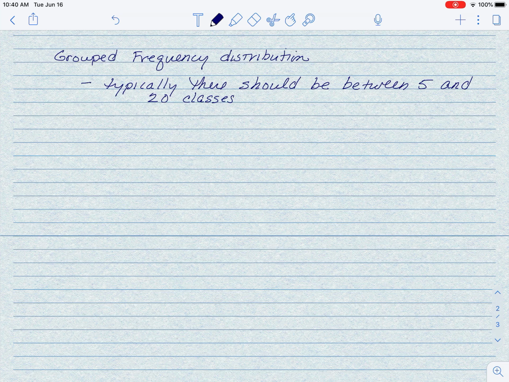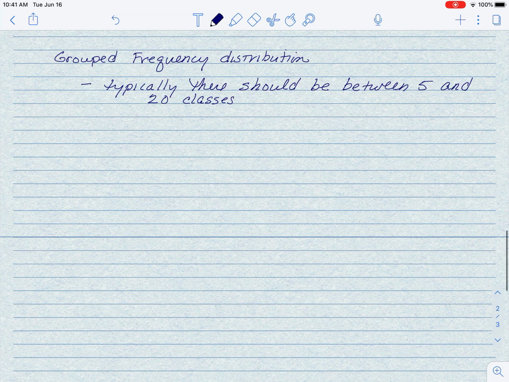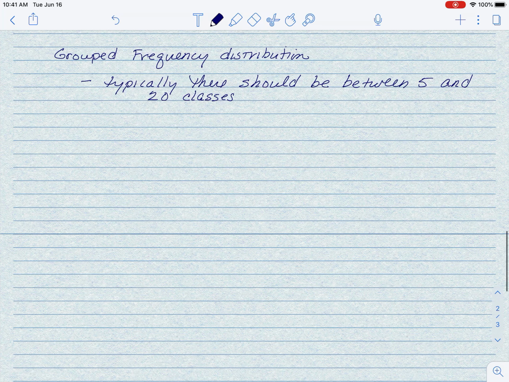If you have less than 5, then you probably don't need to do a frequency distribution. If you have more than 20, you should limit the number of classes. In the example that we're going to work, it tells us how many classes we want. But if it doesn't, you have to pick how many classes you want for your distribution, and you want to pick something between 5 and 20 classes.